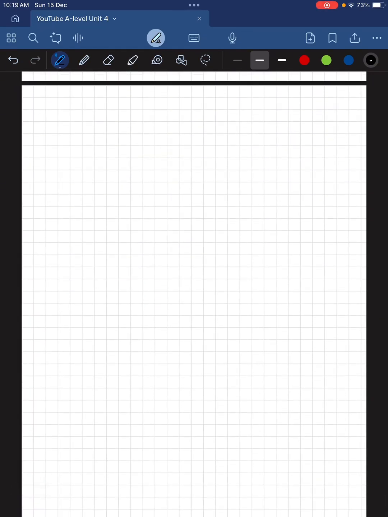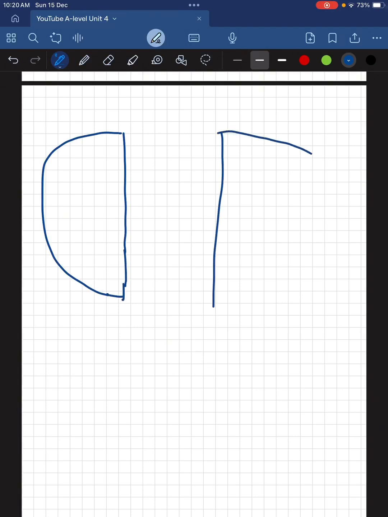So the picture looks like this. You have what are called Ds, because they look like the letter D, okay? So you have two Ds. They have to be the same size, so let me redraw this.